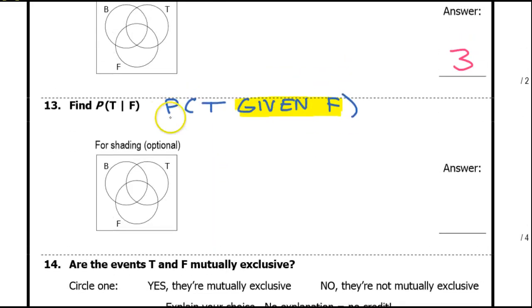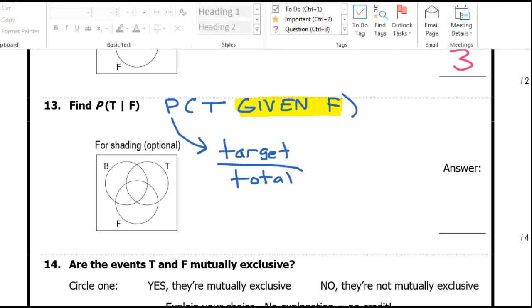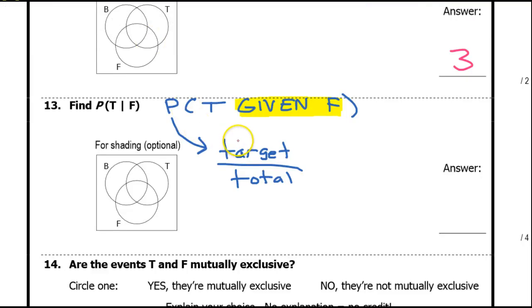Now remember, probability is always target over total. Target over total. Now the target is going to be t. The total is going to be f.